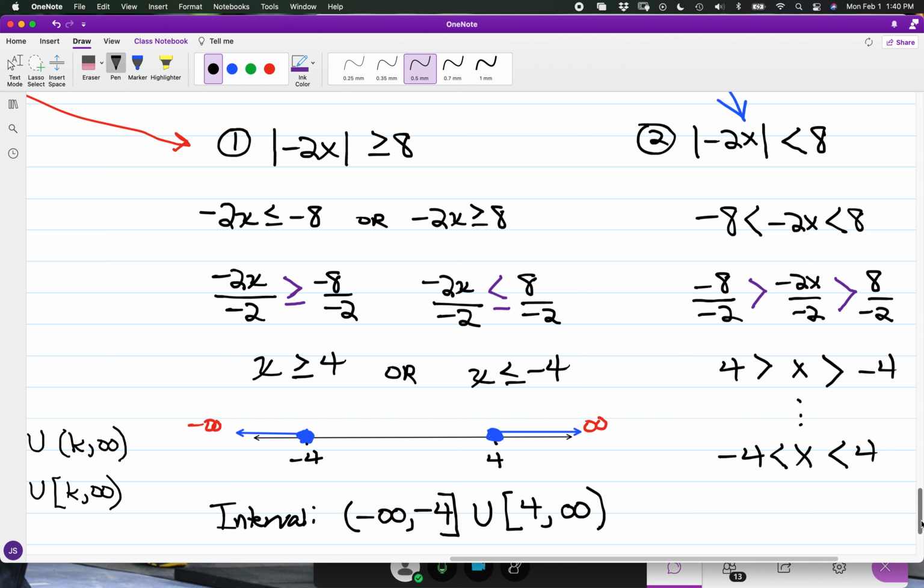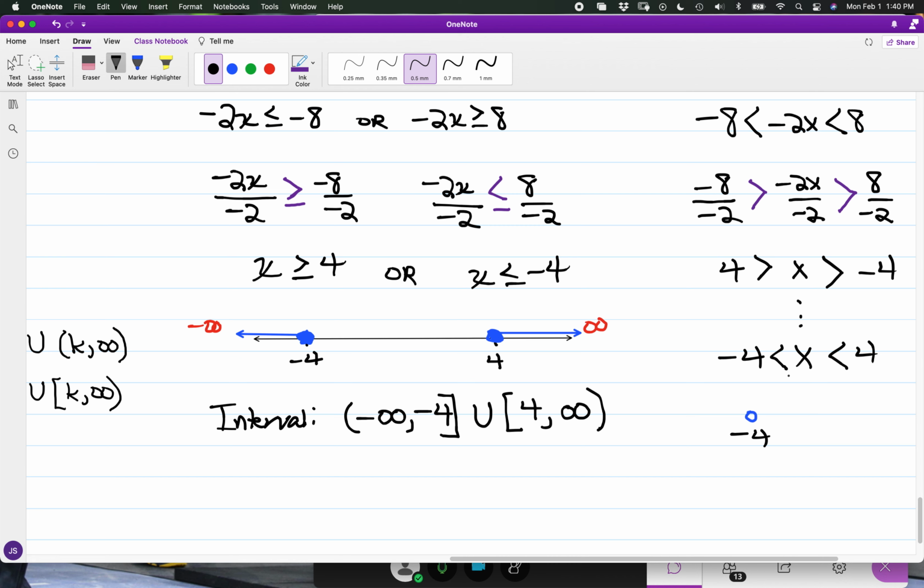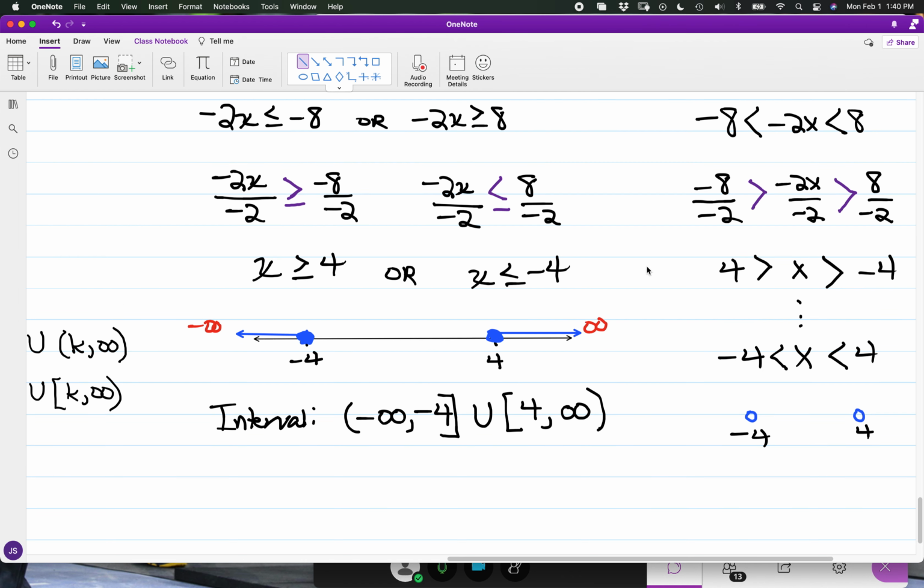So I'm going to have between negative and positive 4, and in a quick sketch, between -4 and positive 4, on the number line you would just have a line segment that would connect the circles.